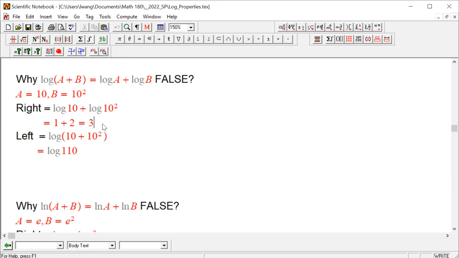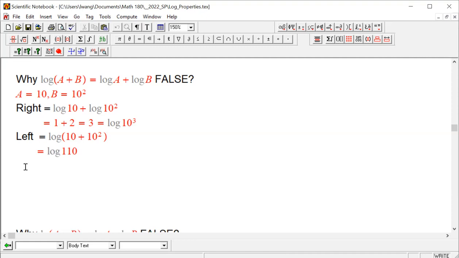On the other hand, 3 is equal to log 10 to the power 3, and 10 to the power 3 is 1,000. So log 1,000 certainly is not the same as log 110. That's very obvious.